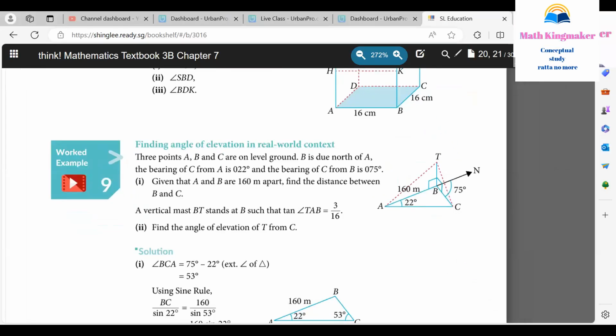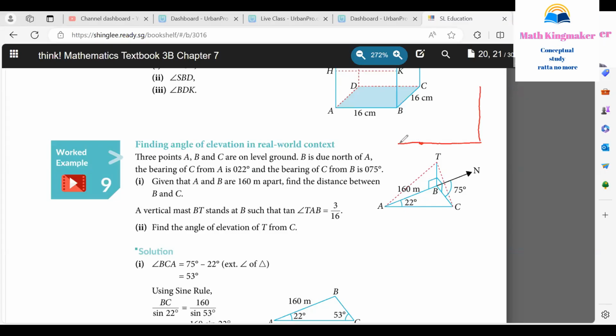Angle, you know what is elevation angle. Okay, if you're looking from down, you are seeing something which is at some height. So whatever angle you're making, this is called the angle of elevation. Like there is a building and you are somewhere here at the origin.